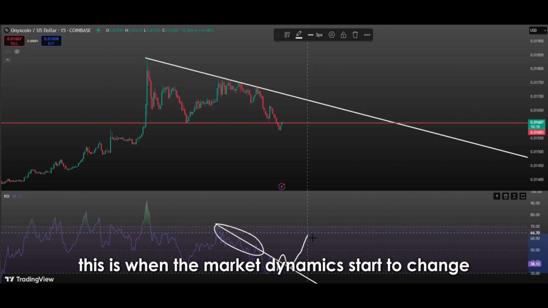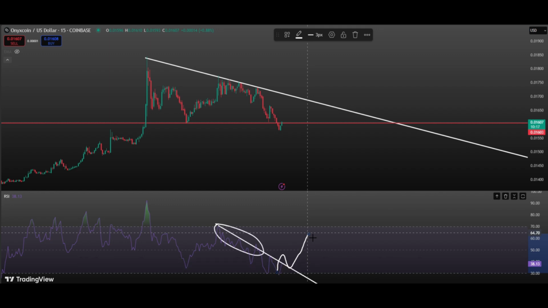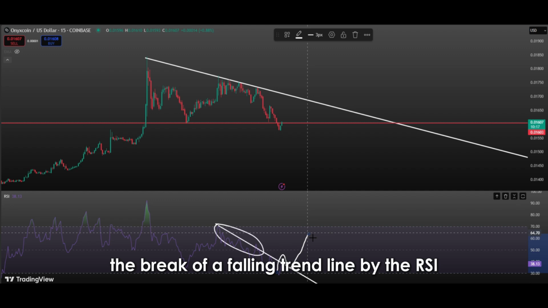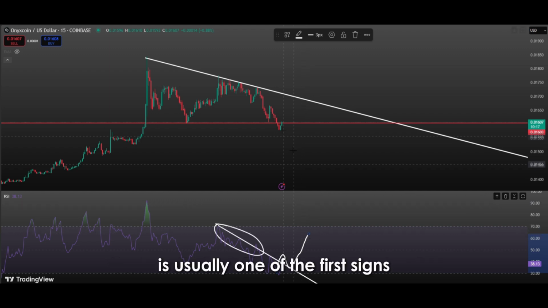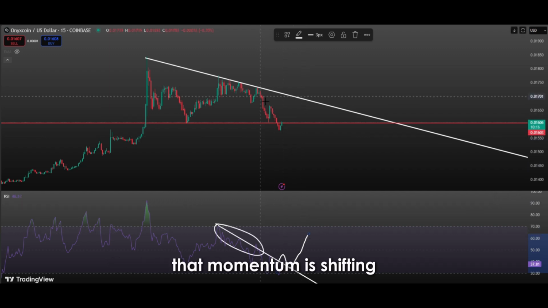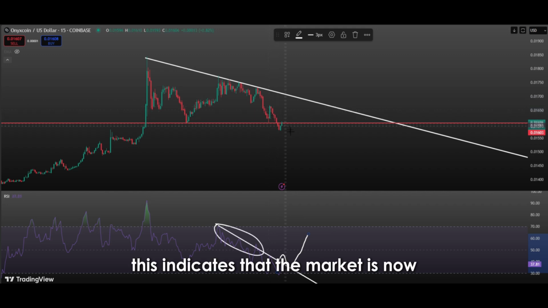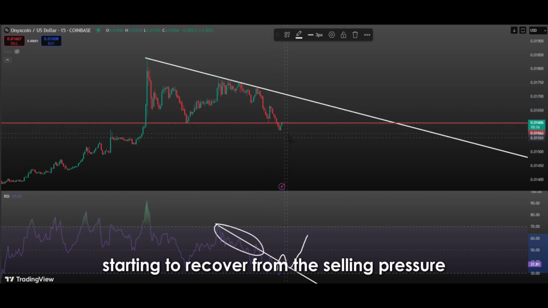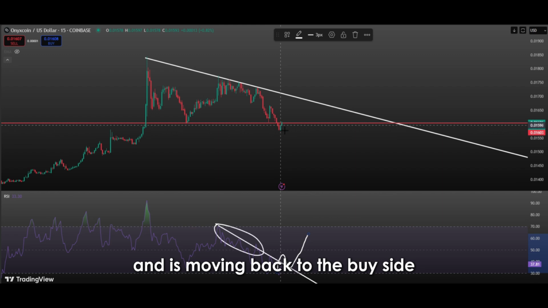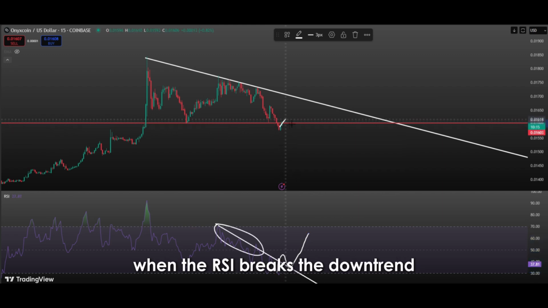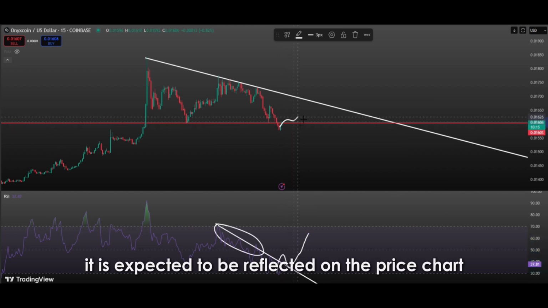This is when the market dynamics start to change. The break of a falling trend line by the RSI is usually one of the first signs that momentum is shifting. This indicates that the market is now starting to recover from the selling pressure and is moving back to the buy side. When the RSI breaks the downtrend, it is expected to be reflected on the price chart.